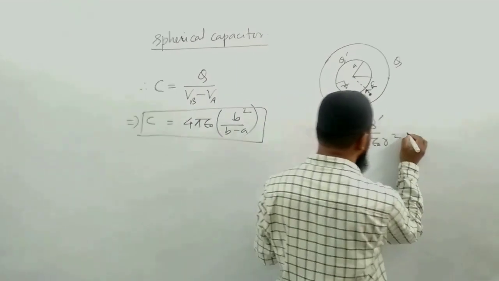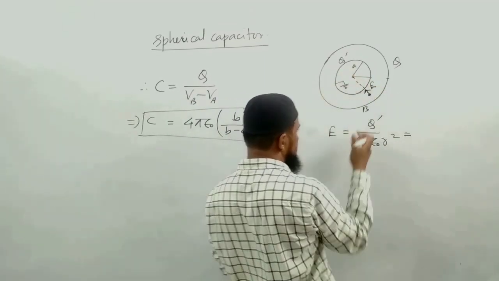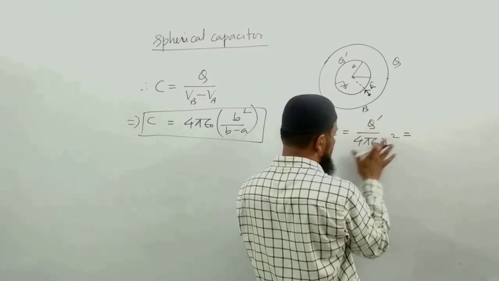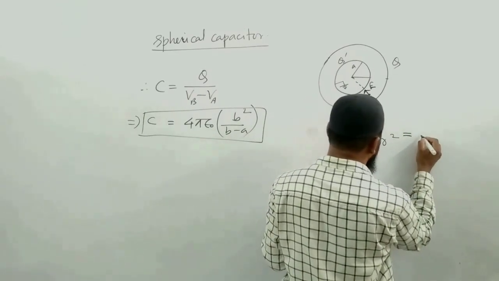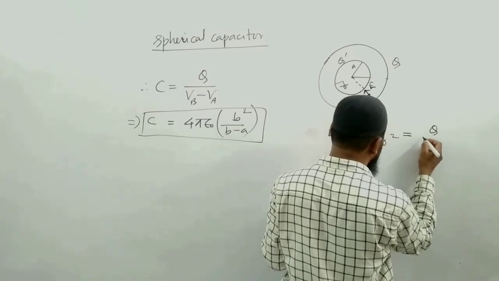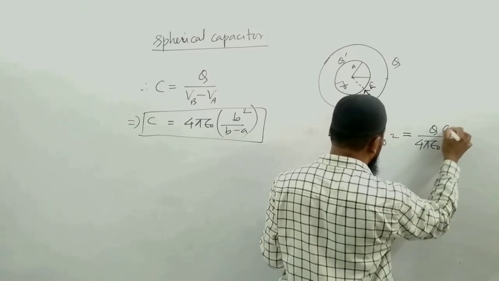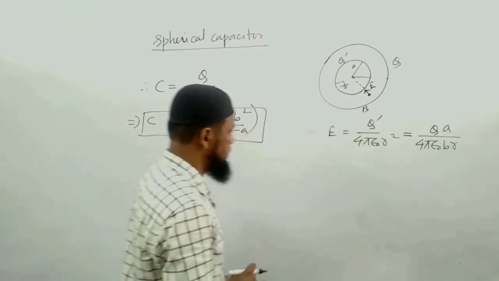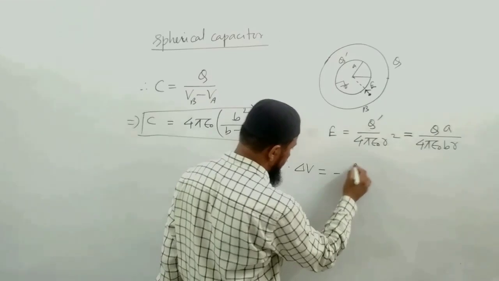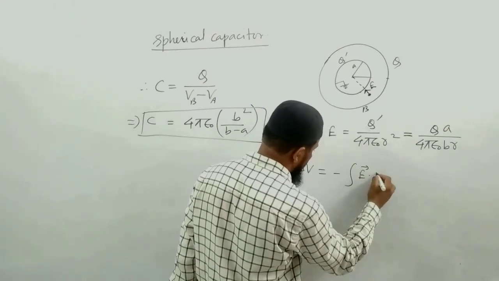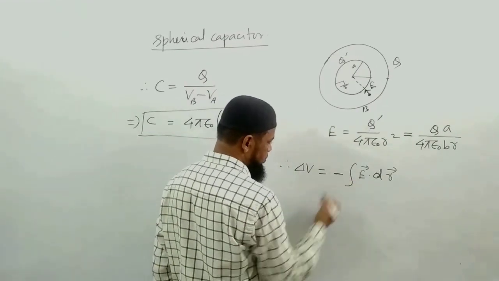Okay. So how much is Q dash? I'm already putting the direction in that sense, so I will not be using the minus sign again. So this is QA by 4 pi epsilon naught B R square. Therefore, potential difference between the two surfaces is minus integration E bar dot dr bar.